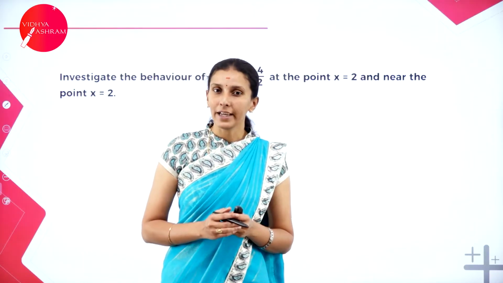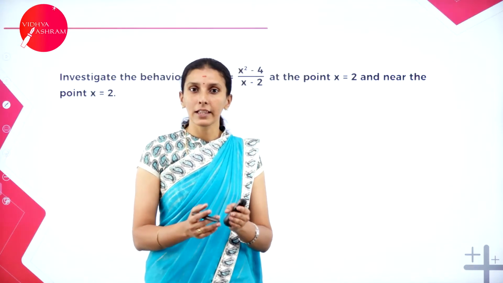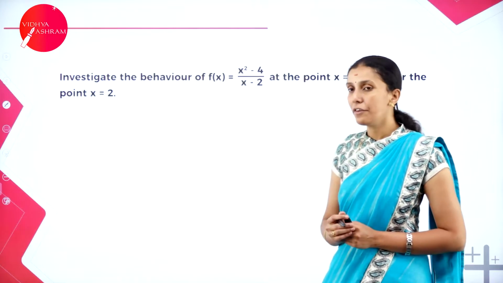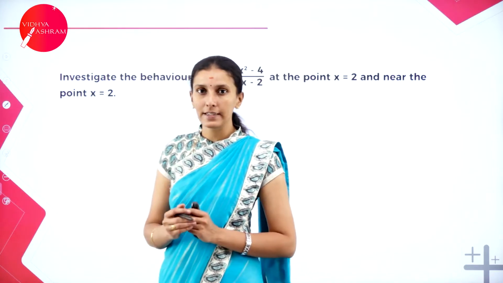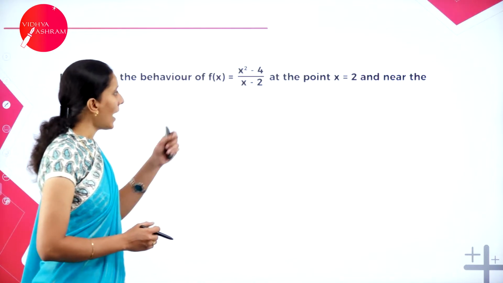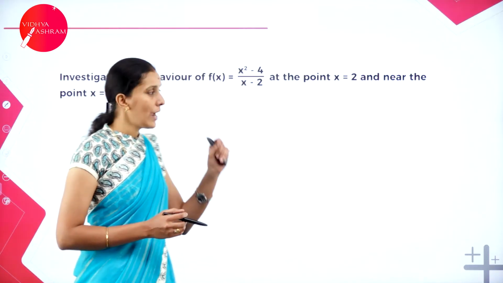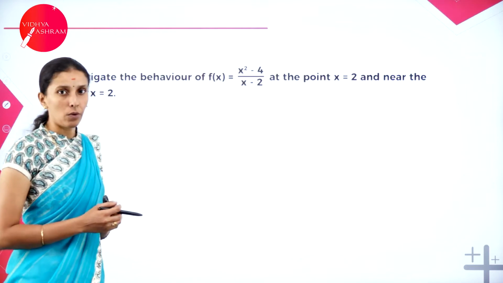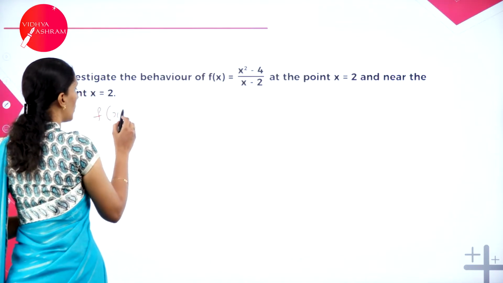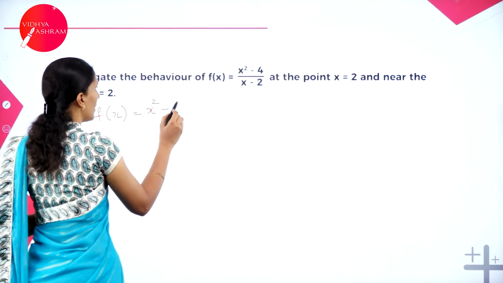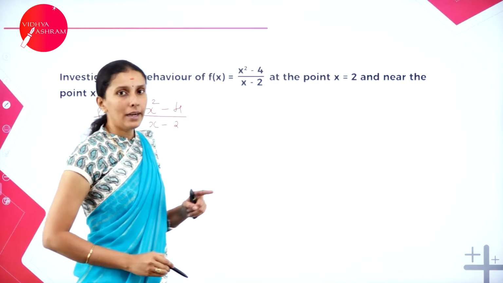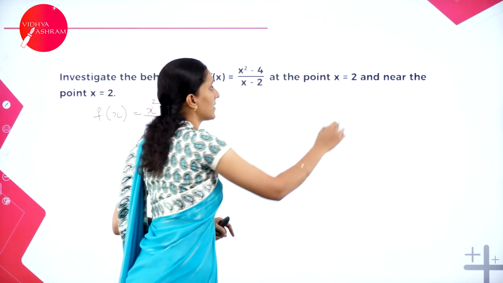Next, here I have taken an example to study whether the limit of the function exists or not. So, investigate the behavior of the function f of x is equal to x square minus 4 by x minus 2 at the point x is equal to 2 and near the point x is equal to 2. So, let me take this function f of x is equal to x square minus 4 divided by x minus 2. Let me define the function at the point x is equal to 2.